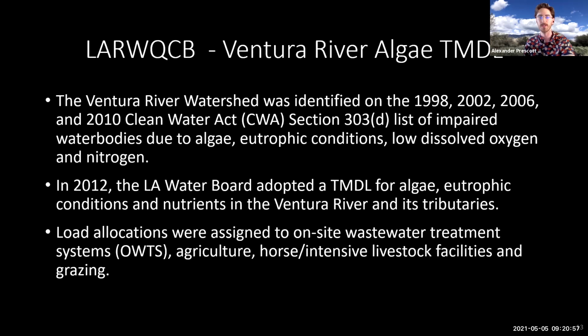However, at the time of TMDL adoption, source assessments for agricultural, septic systems, and livestock discharges of nutrients to surface water via groundwater flow were not available. The Los Angeles Regional Water Quality Control Board is a participating funding agency for this modeling effort, through which we will have a better understanding of how groundwater may discharge nutrients to the surface water. Next slide, please.